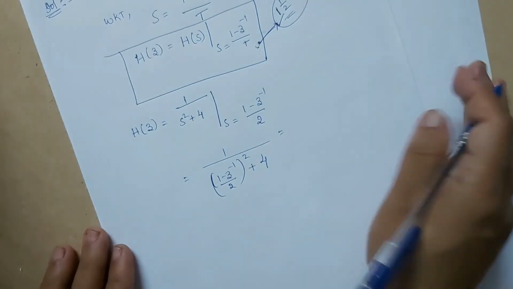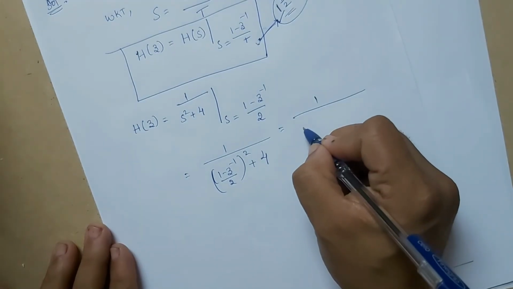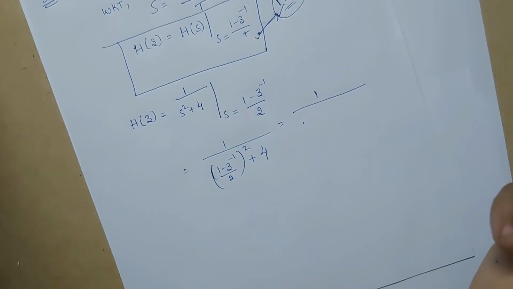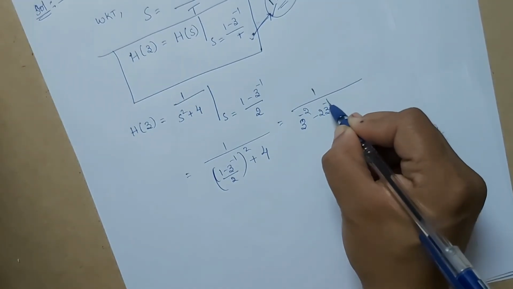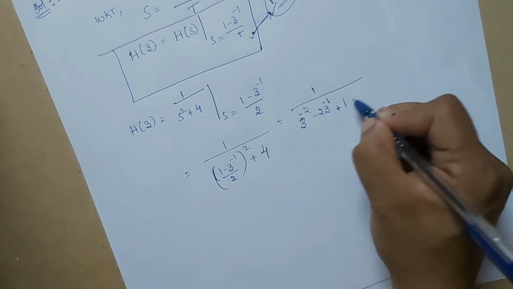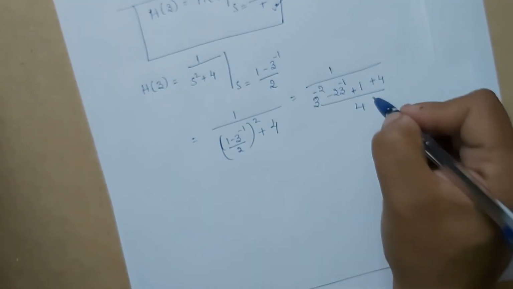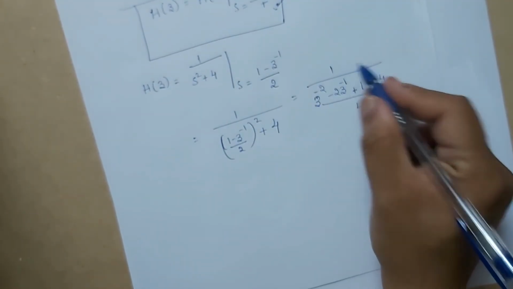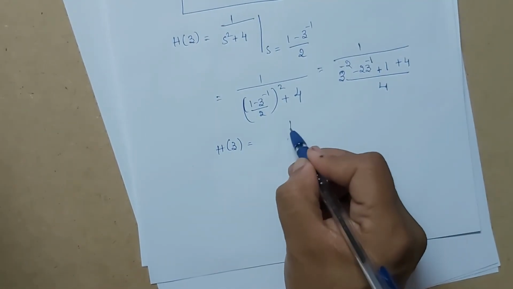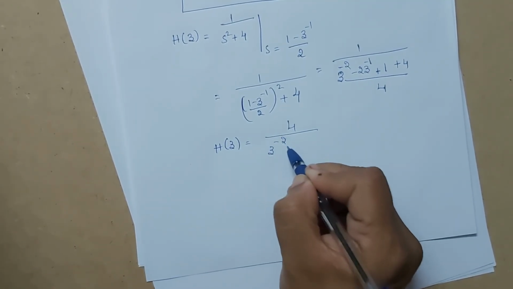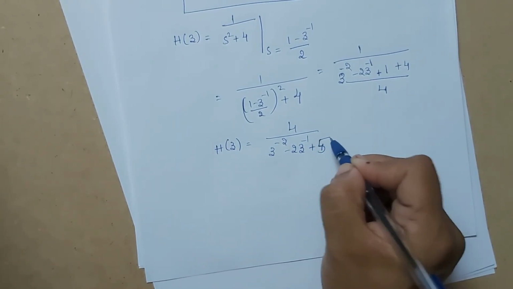If you simplify this, (1 minus z inverse) whole square can be written as 1 minus 2 z inverse plus z inverse square, plus 4 divided by 4. If you take this 4 to the numerator, then H of z will be 4 divided by (z inverse square minus 2 z inverse plus 5), that is 1 plus 4.